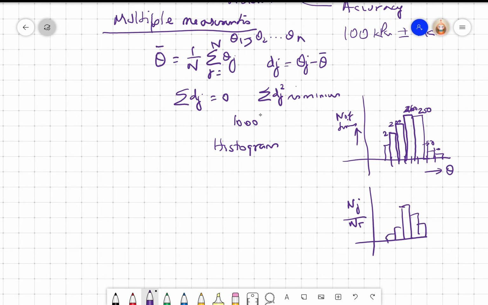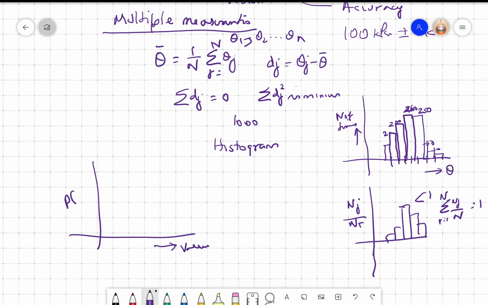All values will be less than 1, so they will become fractions. And if I add all the values, sigma nj by n, j equal to 1 to n, will be equal to 1. Now we will say probability of getting that value, right?